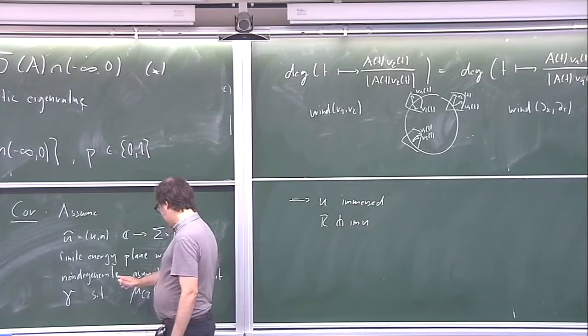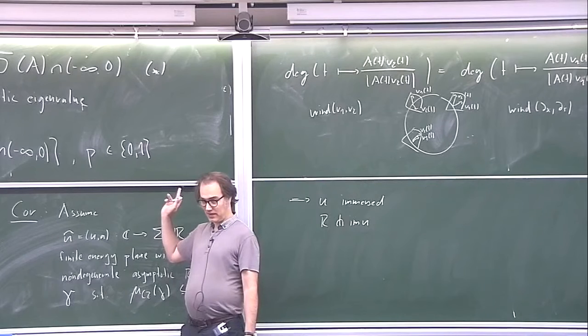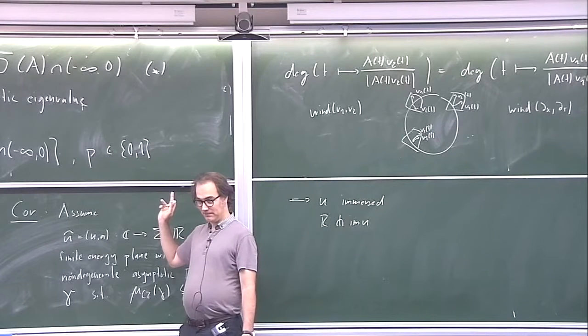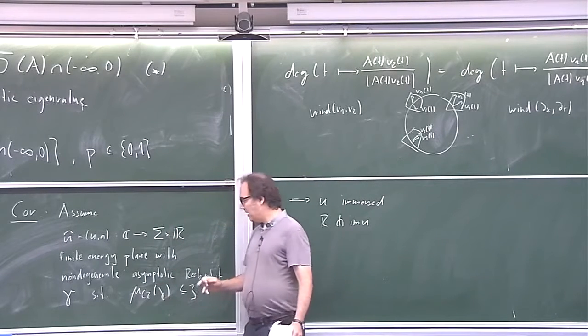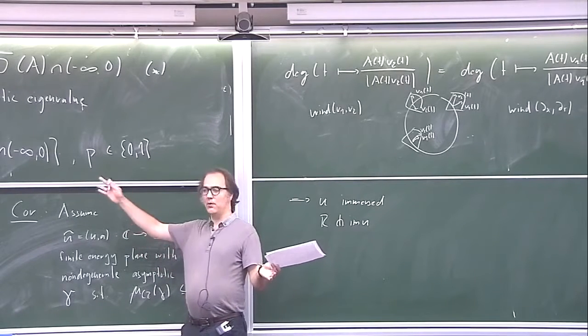Maybe as a remark, for this non-degeneracy, this is also quite crucial for this asymptotic behavior. It should continue to hold if you have a more Morse-Bott situation.